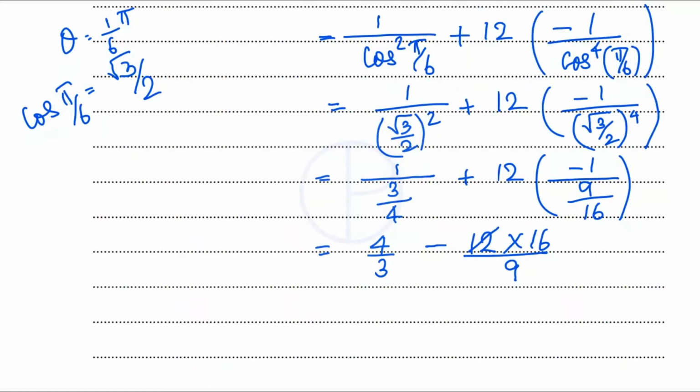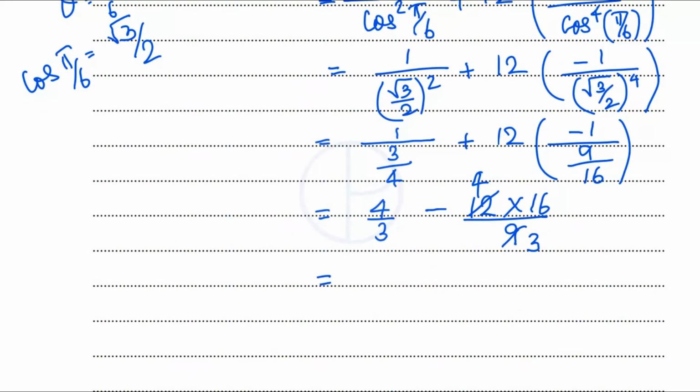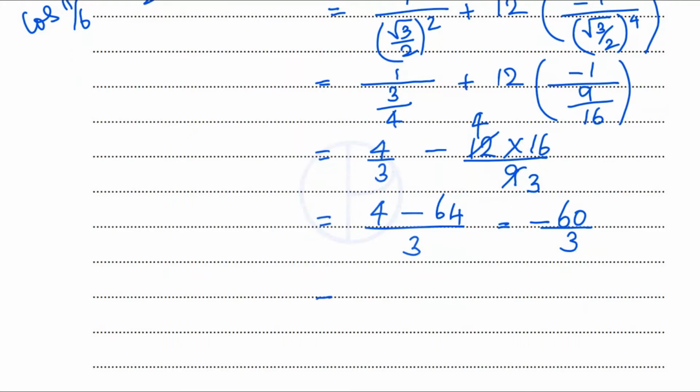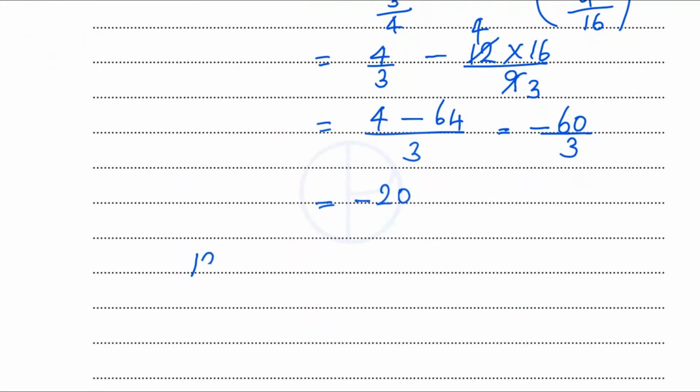Let's divide by 3. So we get 4 times here, here 3. So 4 minus 64 divided by 3 is negative 60 over 3, which is nothing but negative 20. So the 13th term is negative 20.